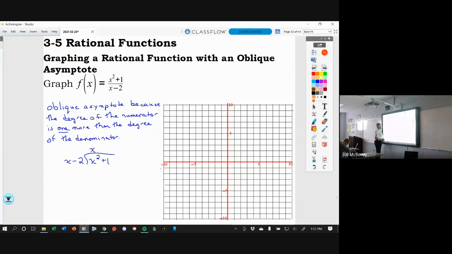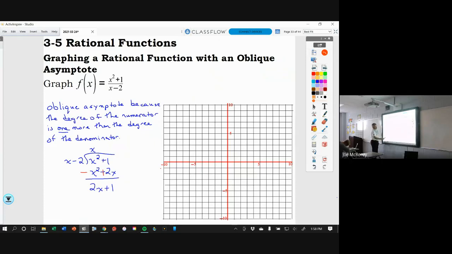X. X times x minus 2. So we have x times x, which is x squared, and then x times -2 is -2x. Now we change the signs and combine like terms. X squared's gone. What's left? 2x plus 1.